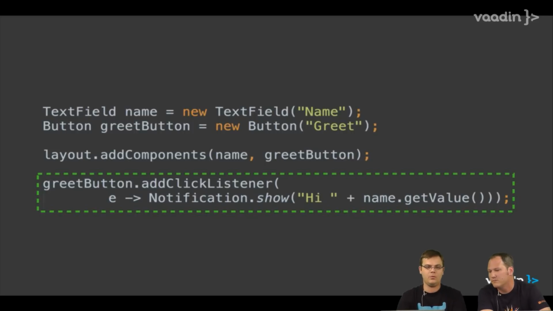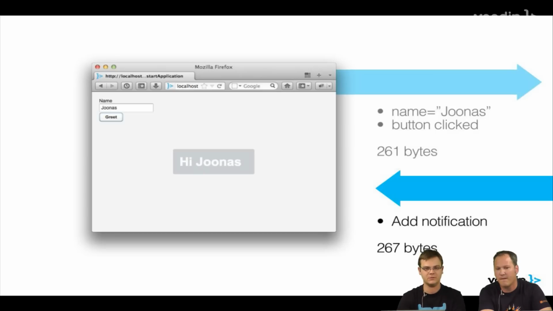So we execute notification.show, that just shows the notification, and inside as an argument we get the value from the text field. So that's what happens. There is a notification that is displayed, and the response too is really small, because it's just a small piece of information that is sent to the widget set, the client-side engine. Okay, so now it displays a notification that has this text in it.